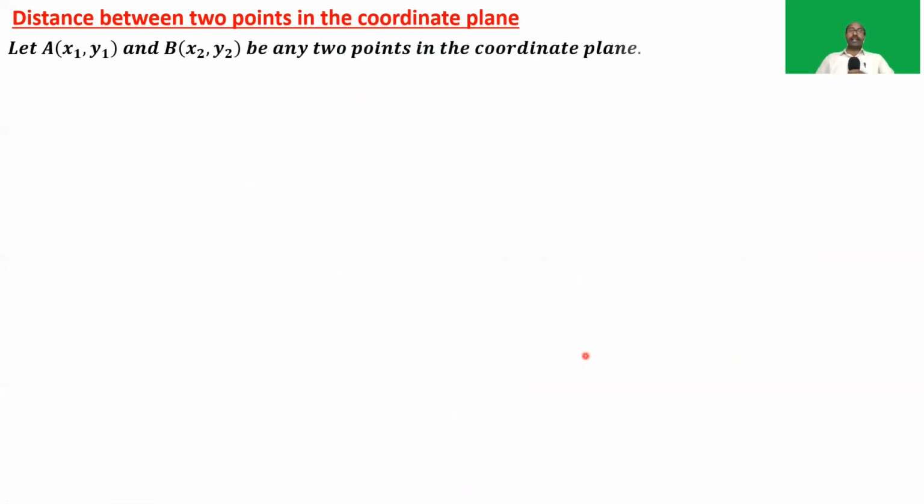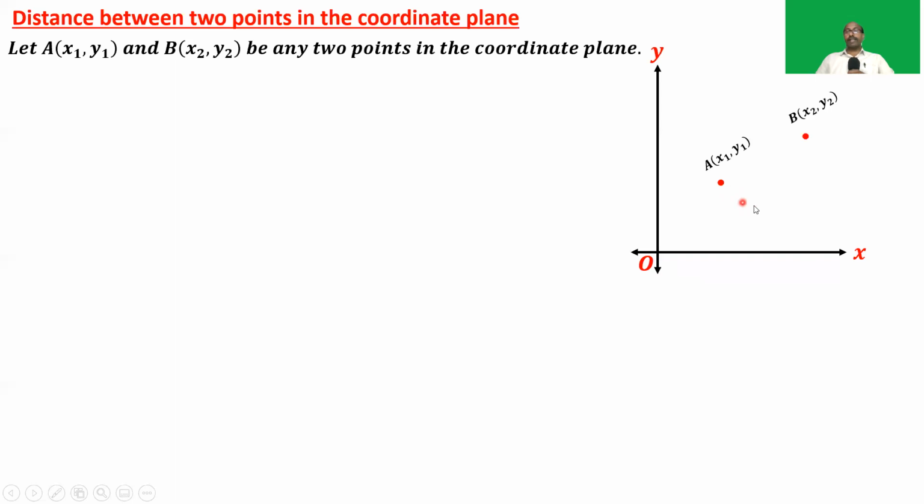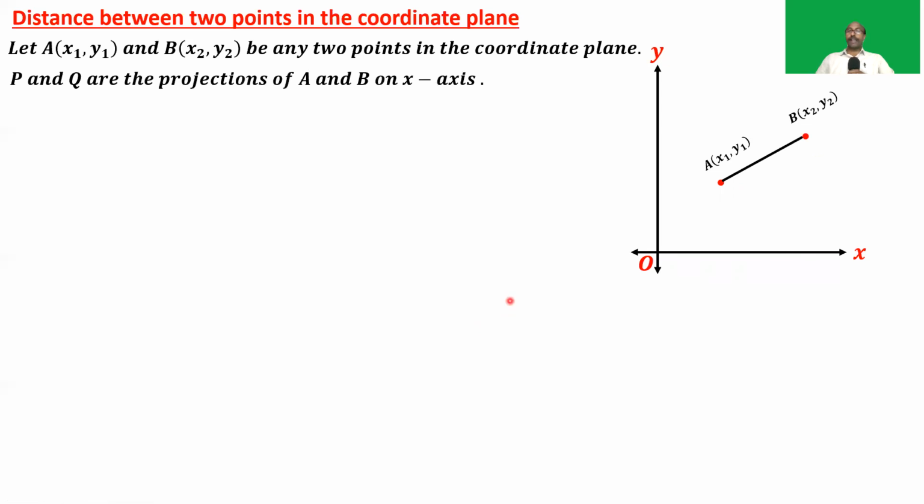Let A (x1, y1) and B (x2, y2) be any 2 points in the coordinate plane, like this. Here A (x1, y1), this is B (x2, y2). Join these 2 points and let P and Q be the projections of A and B on x-axis.